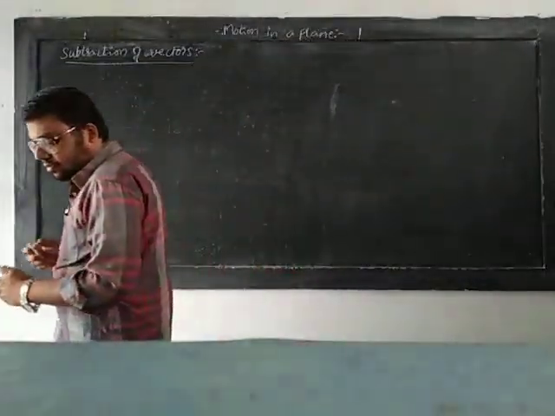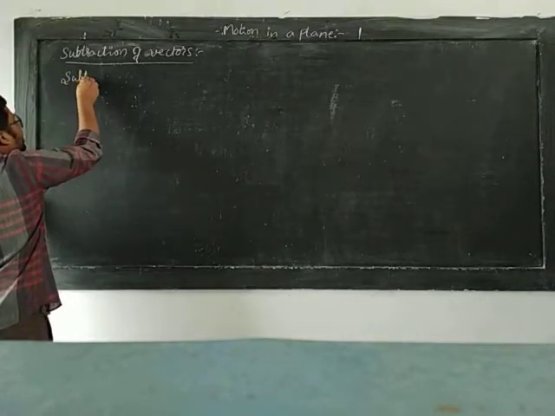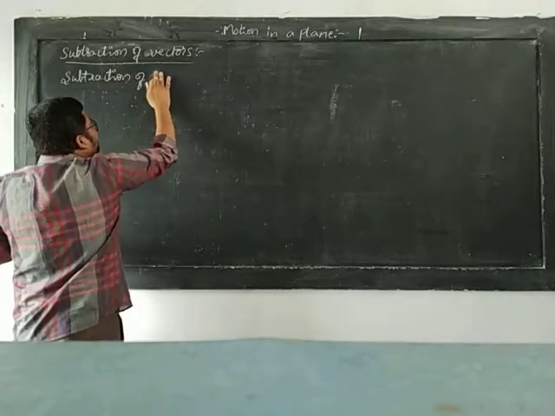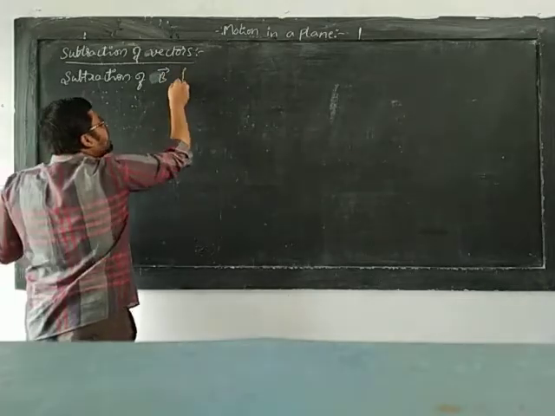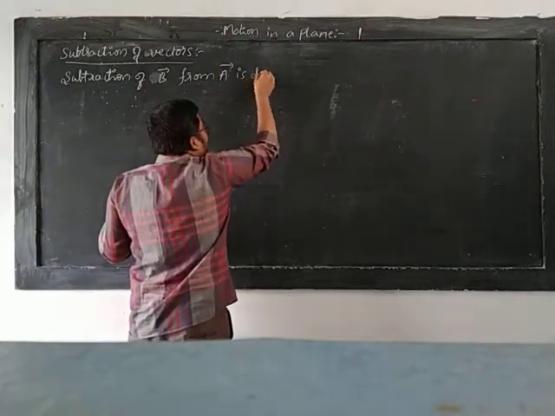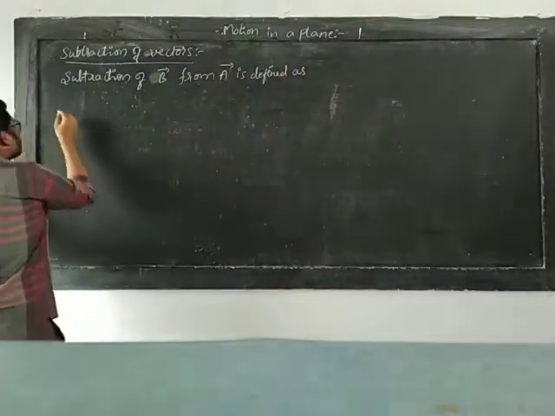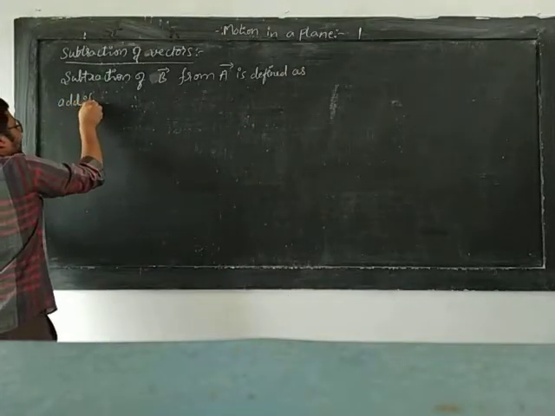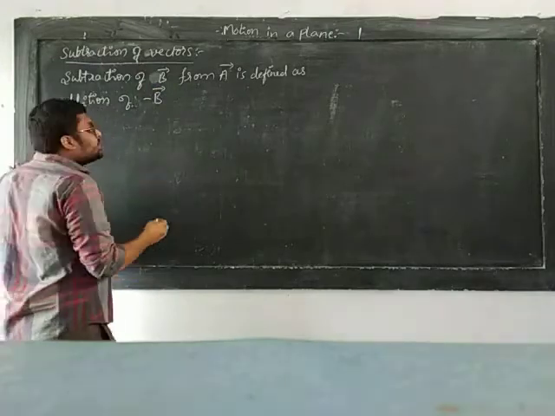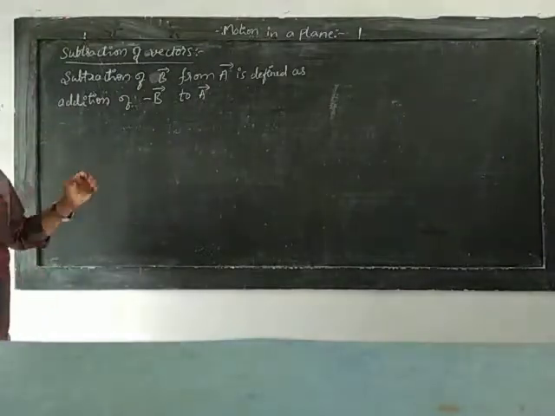So here, subtraction of vector B from vector A is defined as addition of vector minus B to vector A. Right? I hope you understand.